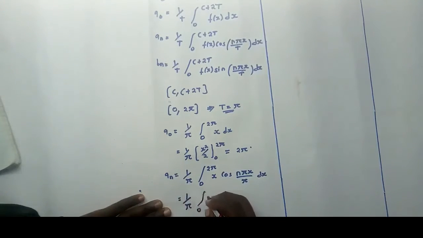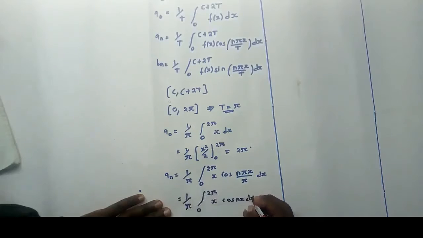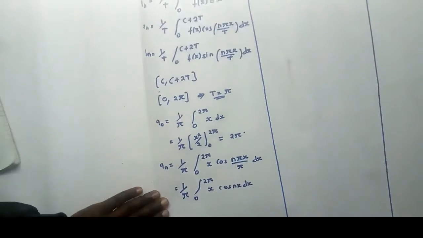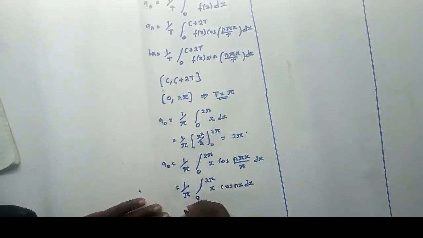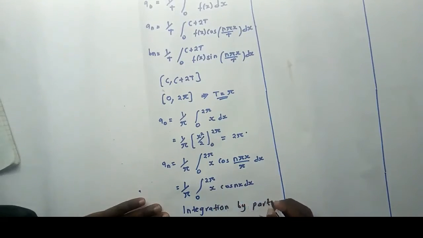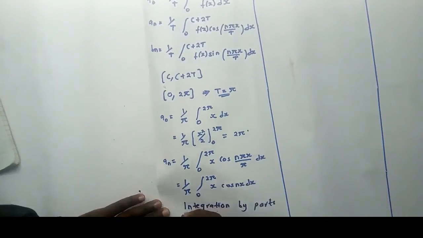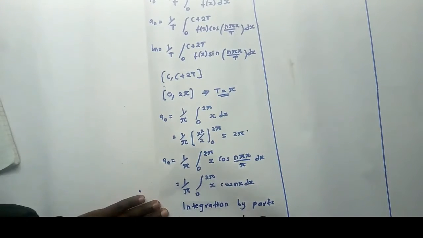We'll have integral from 0 to 2 pi of x cos nx dx. So you realize that you have to use integration by parts to solve this. Integration by parts says integral of u dv is equal to uv minus integral of v du.